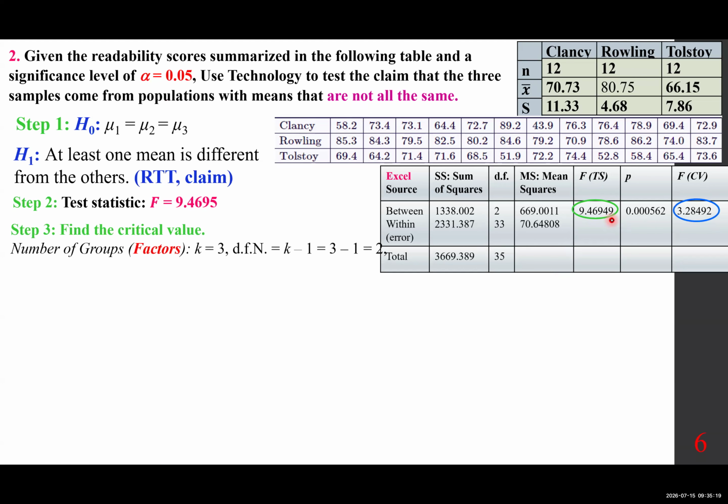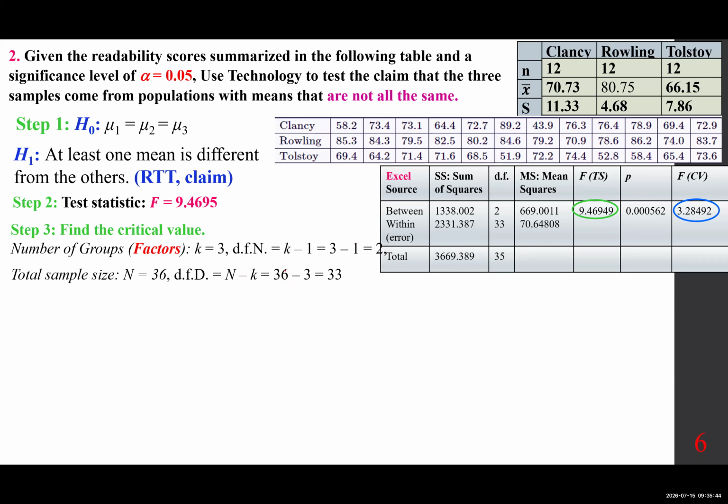Please understand, we had three categories, and degrees of freedom would be 2 for the numerator. For the denominator, we had n minus k, 12 times 3 minus 3, because we have a total of 36. This 36 is 3 times 12, everybody.